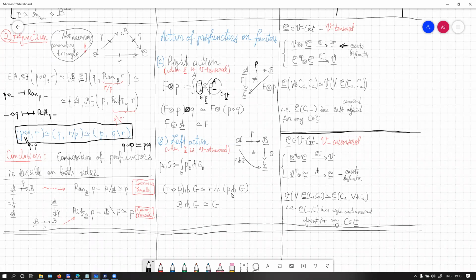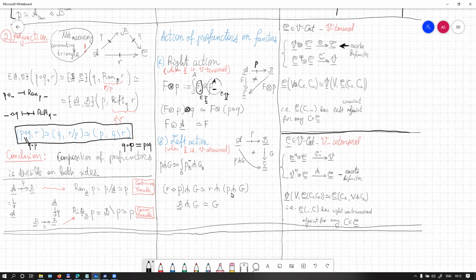I know it's heavily overloaded, so it depends on which context we use it. However, in some sense it's everywhere the same. So if there is a bifunctor, which we call tensor, which pairs together coefficients or objects from Cosmos V and objects from category C, and gives us again objects of category C, such that it is left adjoint to covariant hom.